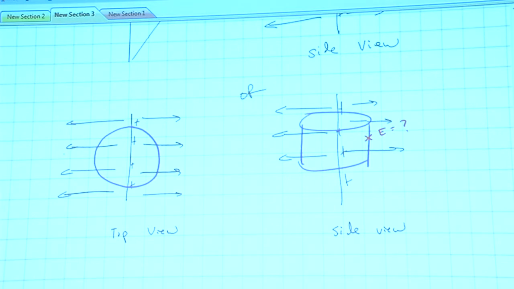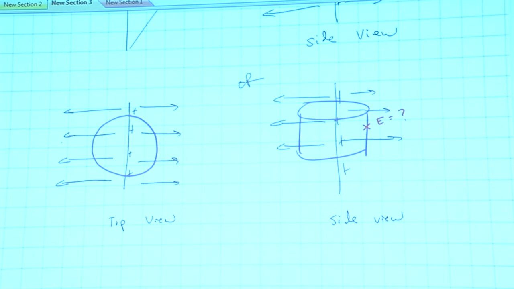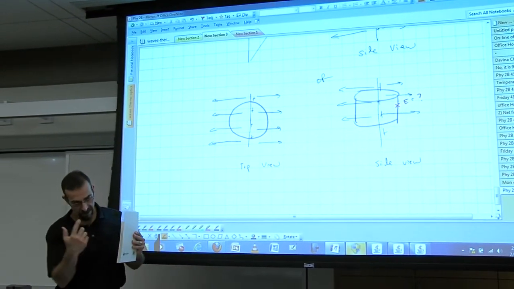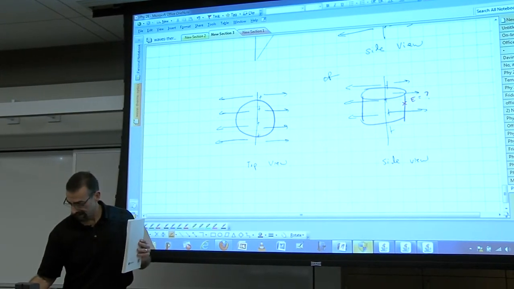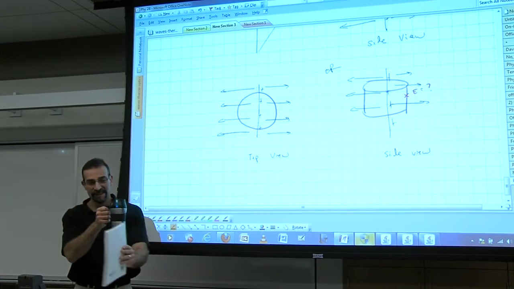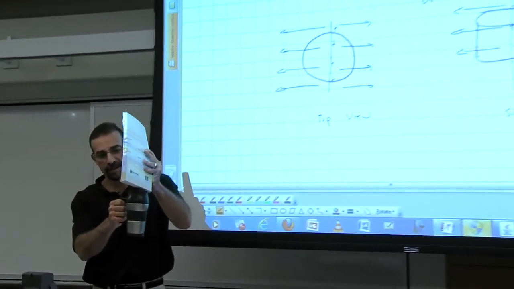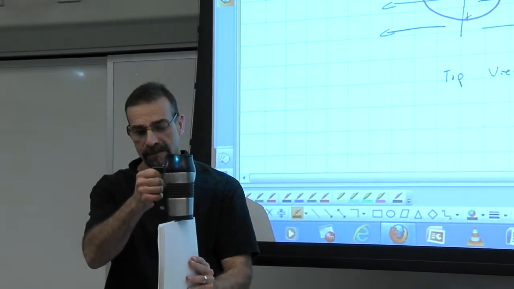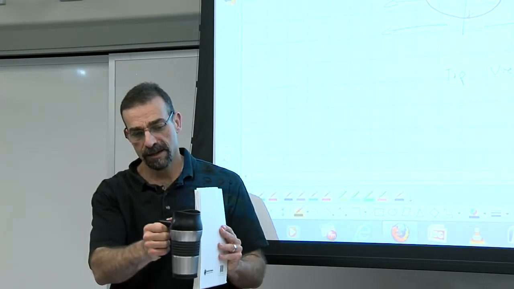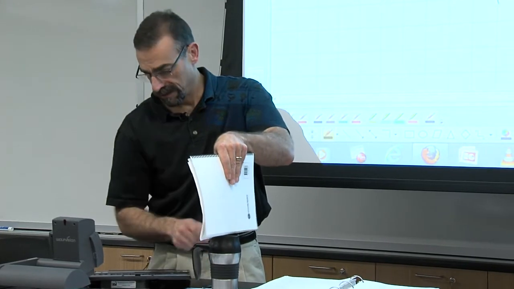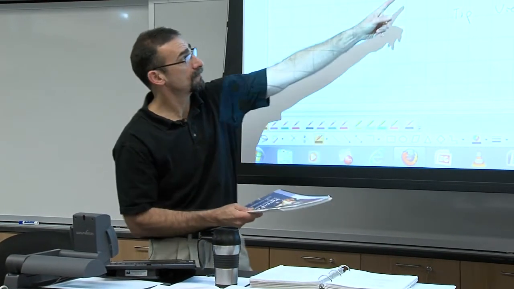You understand, we've got a sheet of charge. So if you have a cylinder like this, sheet of charge, infinite sheet of charge, then the problem is when you look down from the top, it's cutting through the cylinder the way I've drawn on the left here.